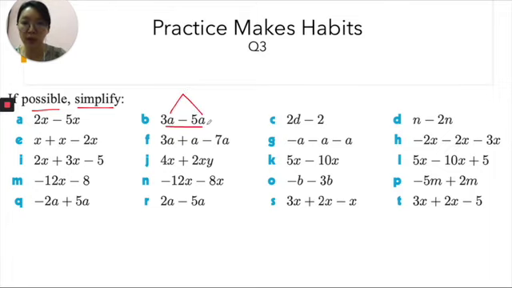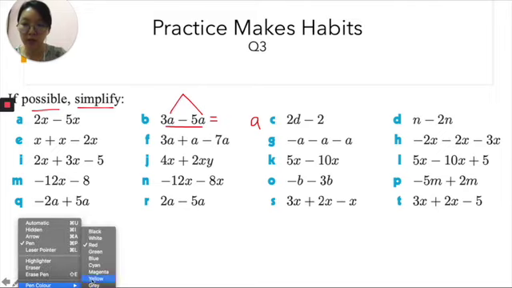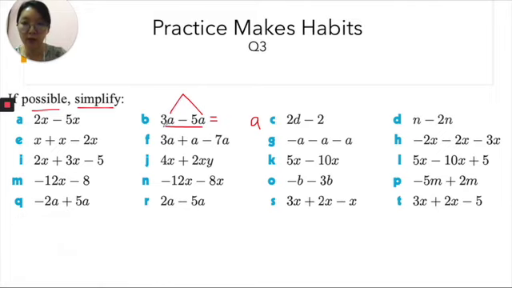Check for the alphabet, the letter. A, yes, they are like terms. So put equal. Put the like term at the back here. And then you can look for the coefficient. Look at the number before the alphabet. I have 3. I have minus 5. 3 minus 5? Yes, negative 2. So my answer is negative 2a.